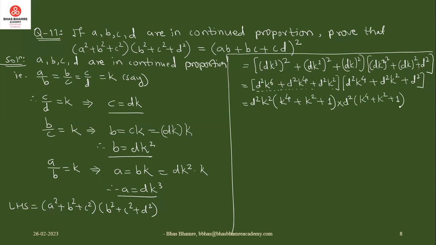As those two brackets are multiplied, we do it like this. Now, if you watch carefully, D square K square into D square is D raised to 4 K square, and that K raised to 4 plus K square plus 1 the whole square. Let it be number 1.